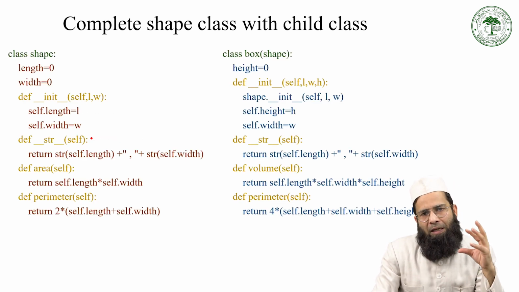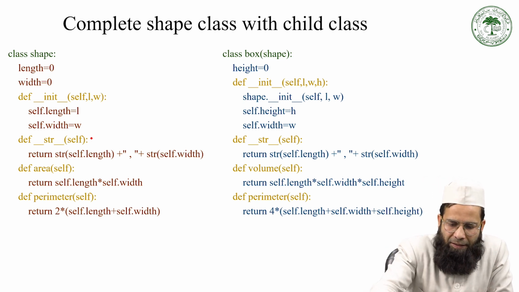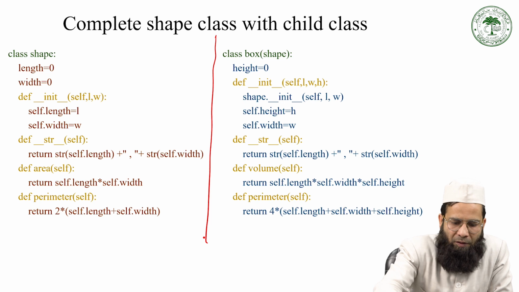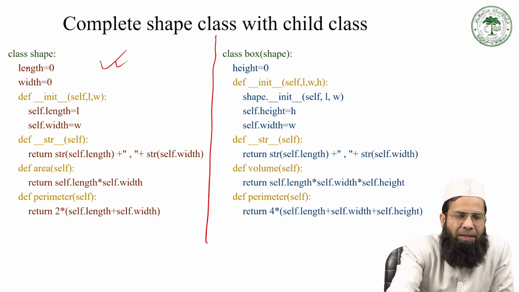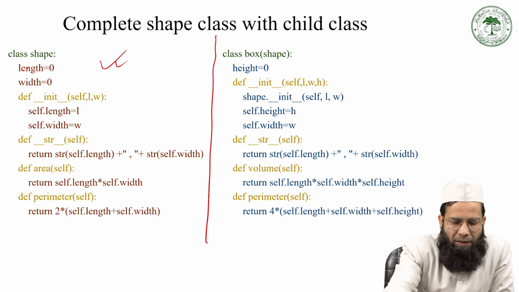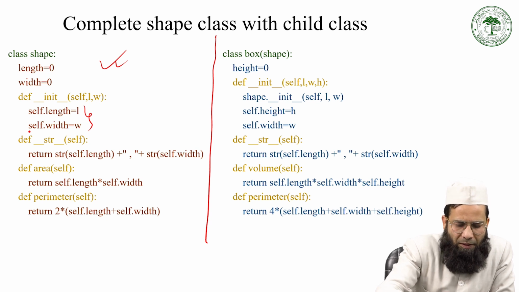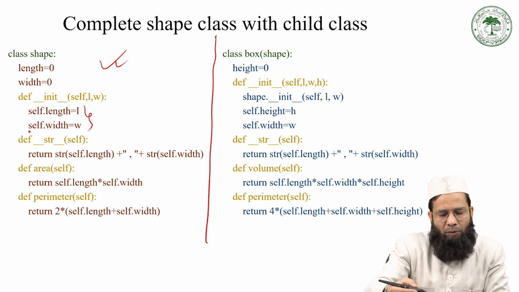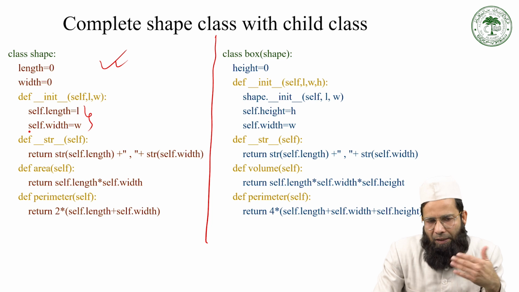Now here is a complete shape class with the child class box. On the right side, this is the parent class. The parent class has two data members, length and width, and its constructor initializes the length and width data members. This is a function I already discussed in the last class.